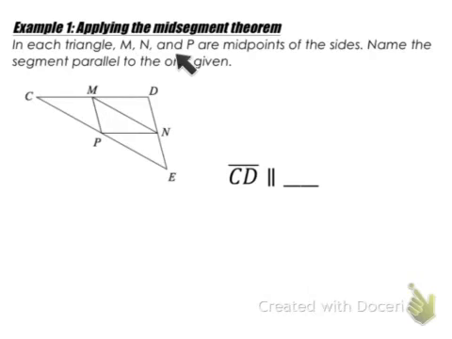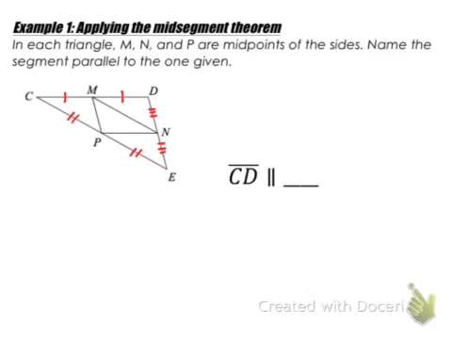Knowing that M, N, and P are midpoints of the sides of the triangle, we can say CM and MD are congruent, CP and PE are congruent, and DN and NE are congruent. All different lengths, but for the three sides, we have two congruent parts on each side of the triangle.